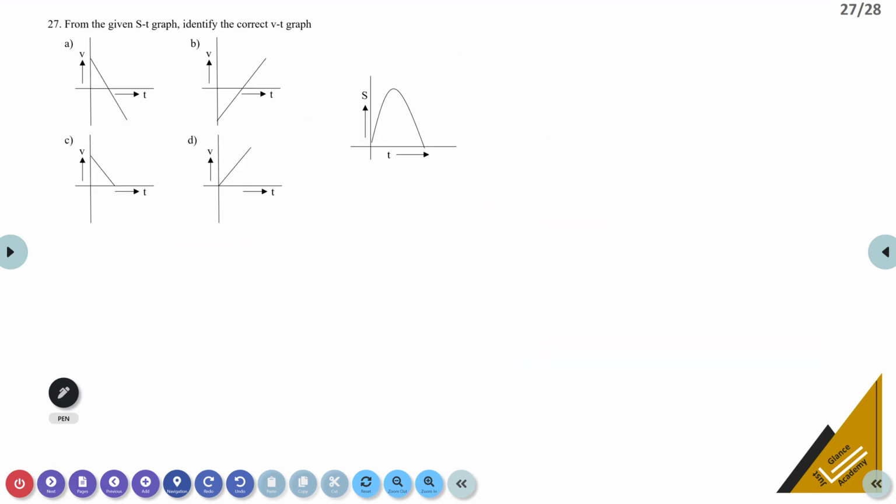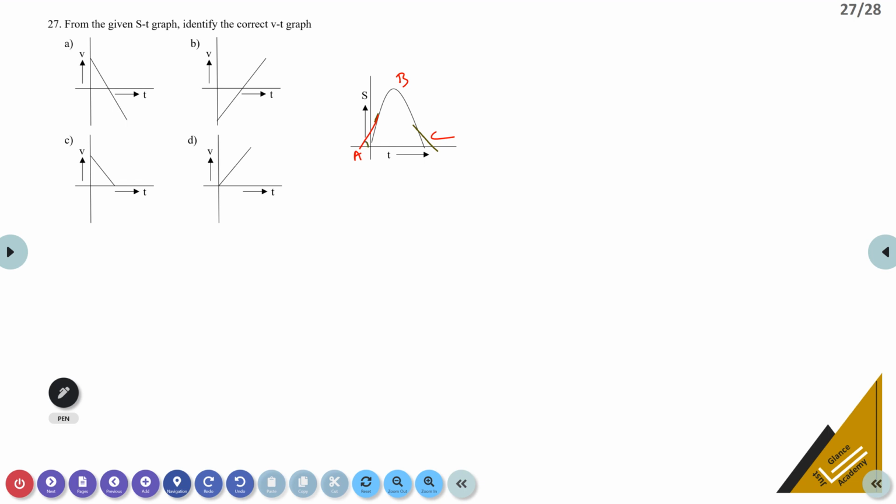Next, 27. From the given ST graph, identify the correct VT graph. Students, this is A, this is B, this is C. In this part, you draw a tangent to it. Here also you draw a tangent to it.